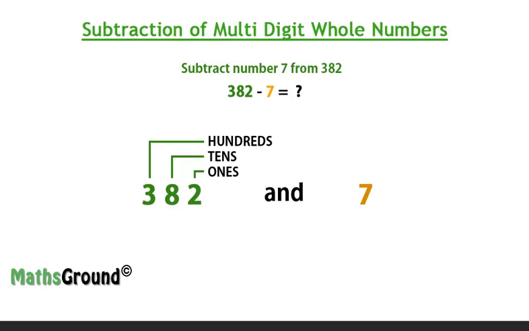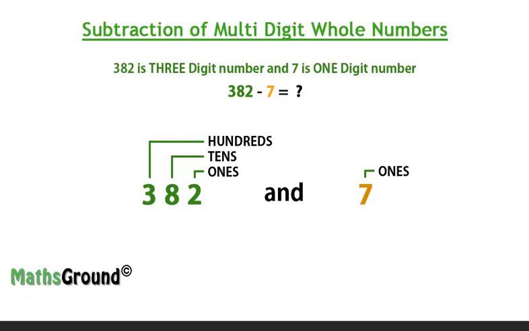Place value of digits in number 7 are as shown. (382 minus 7).